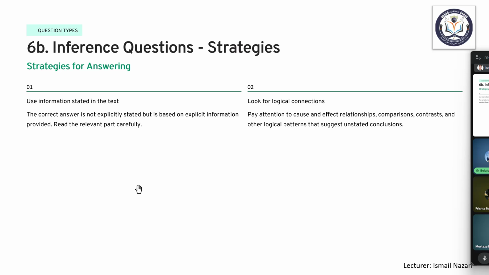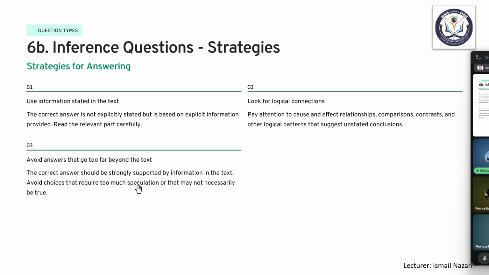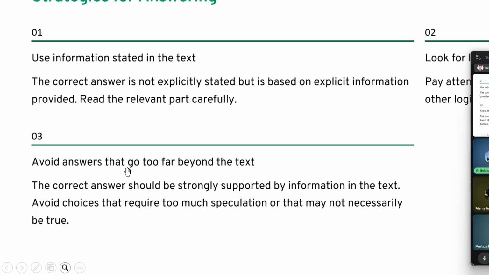That's the second thing. Look for logical connections inside the text. Because often when the questions get harder, we have to put different parts of the text together in order to guess correctly. And then the next thing is avoid answers that go too far beyond the text.